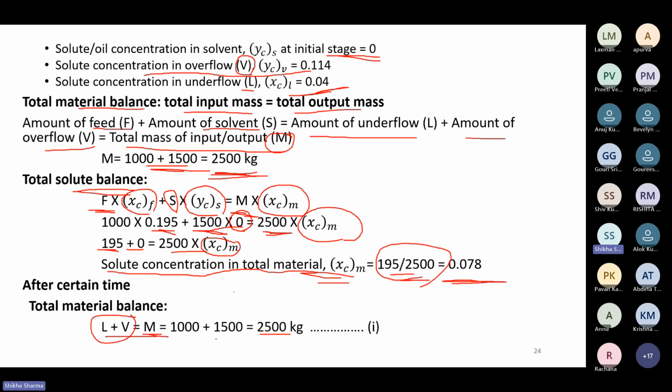So L plus V equals 2500 kg. The L and V values are not known to us.